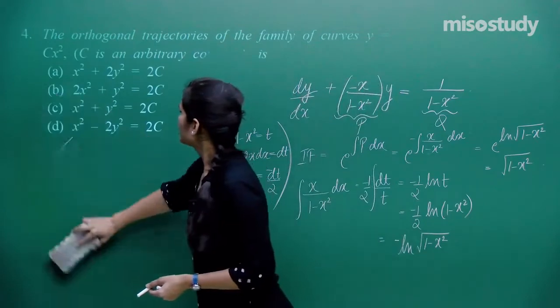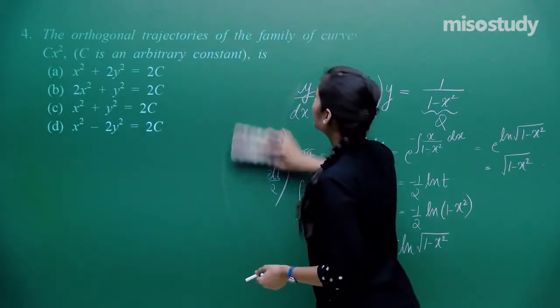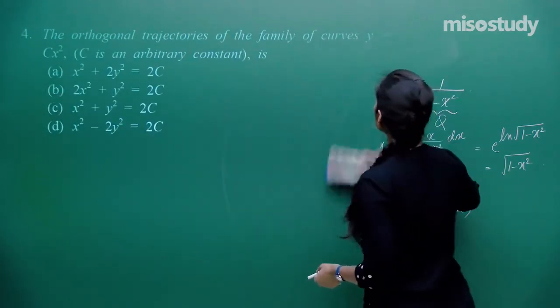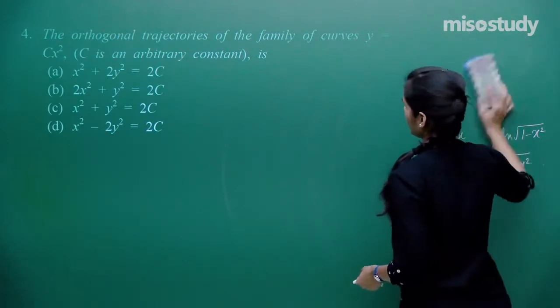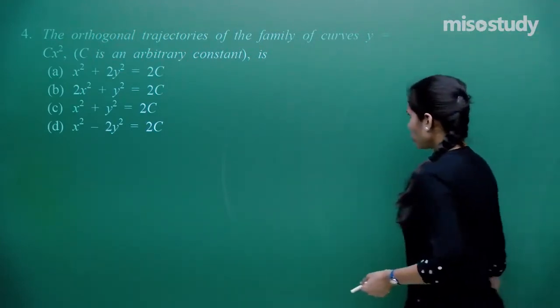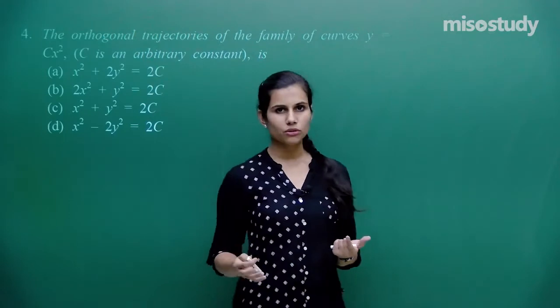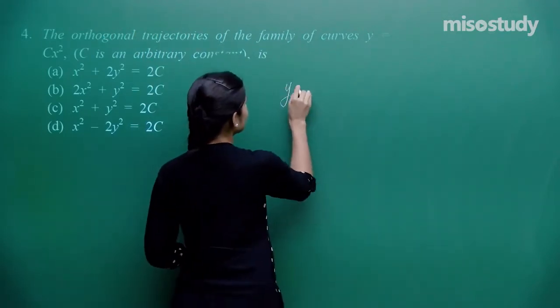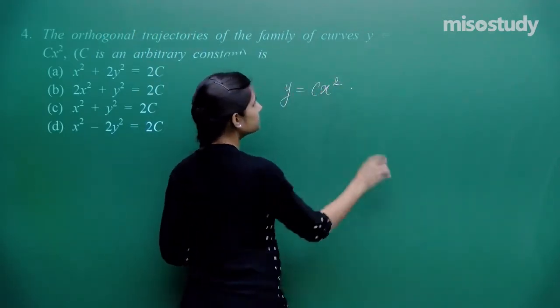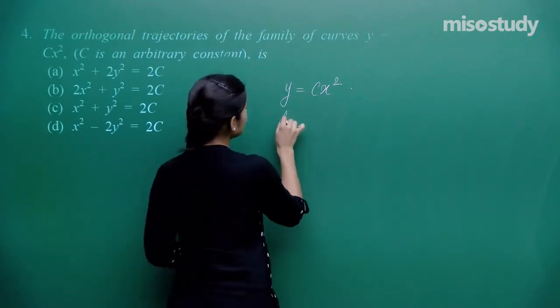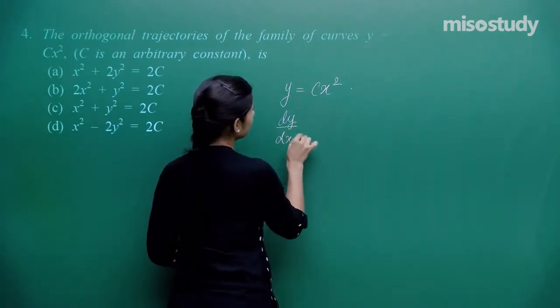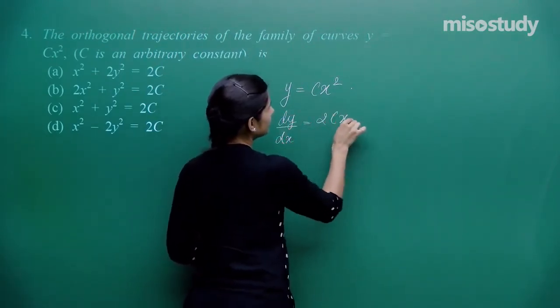Orthogonal trajectories. Okay. So the orthogonal trajectories of the family of curves given by y equals cx square. So what is the way to actually compute the orthogonal trajectories? Y is given to be equal to cx square. Differentiate both sides with respect to x. You get this.